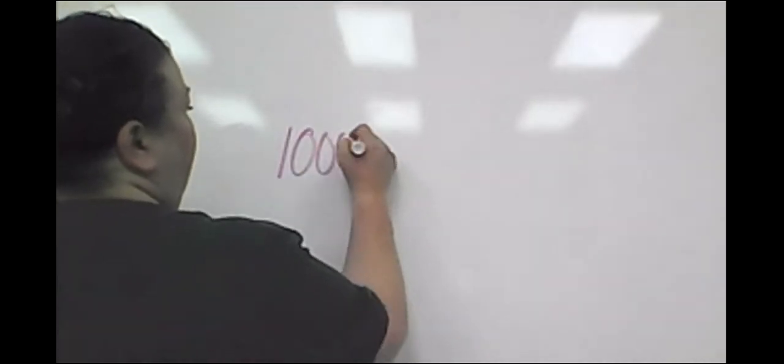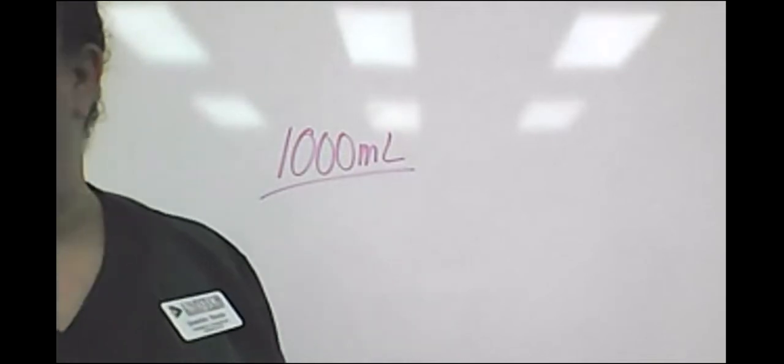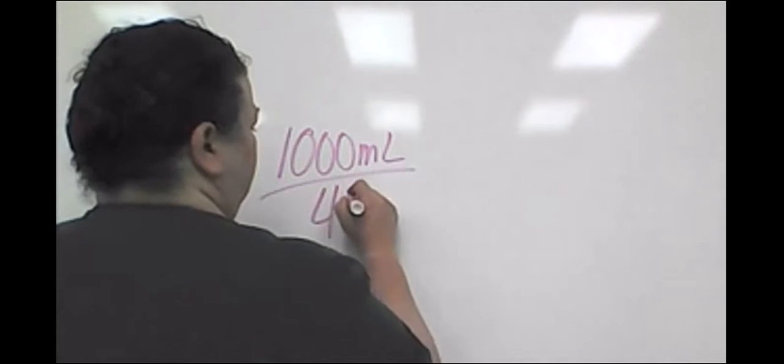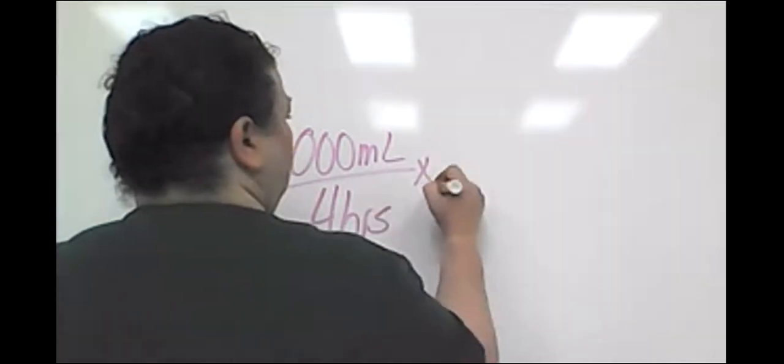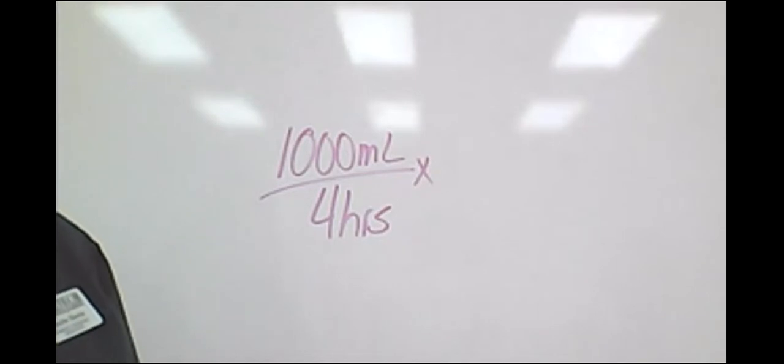So if we have 1 liter, how many milliliters do we have? 1,000, right? And it also told me in my scenario that this is being administered over 4 hours. It also tells me what is the flow rate in drops per minute.